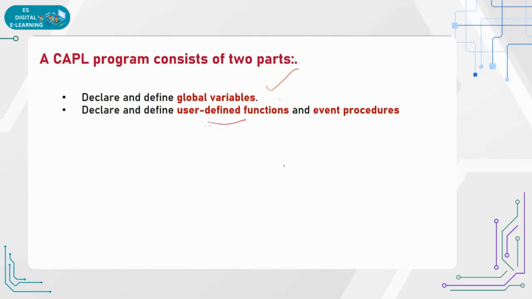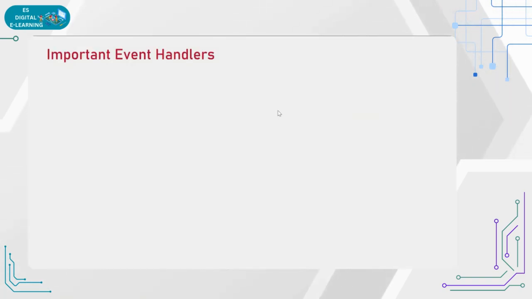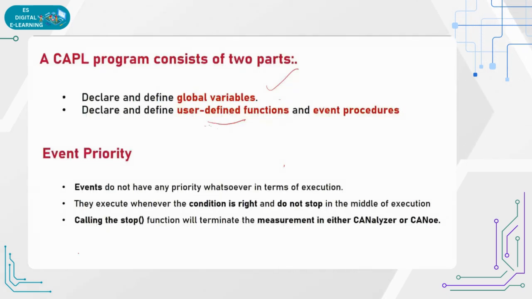So you can write down: declaration and definition of global variables, and declaration and definition of user defined functions and event procedures. Generally these are the two parts.